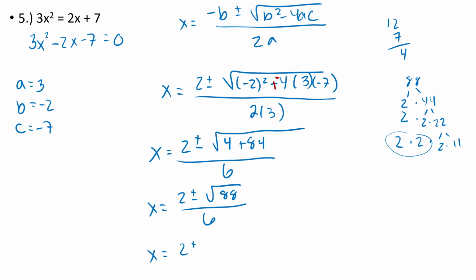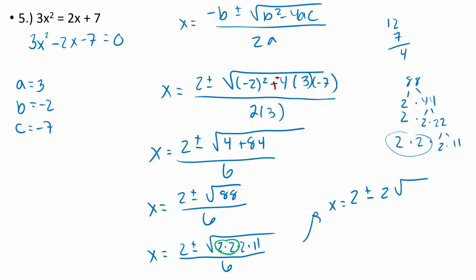So 2 plus or minus the square root of 2 times 2 times 2 times 11 all over 6. And there's my perfect square right there. And so we get x is equal to 2 plus or minus 2 root 22 over 6.